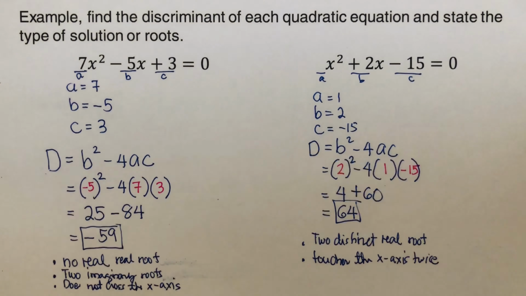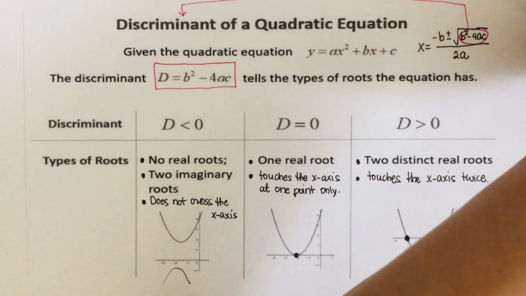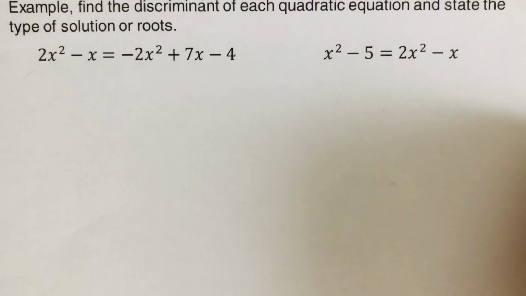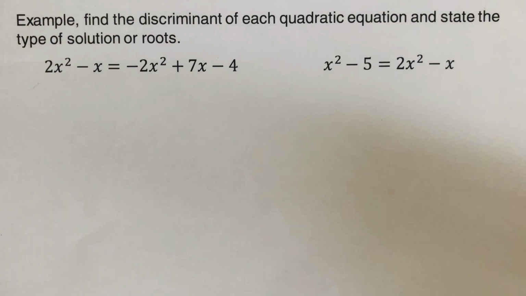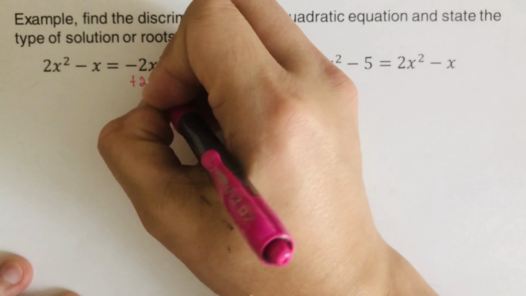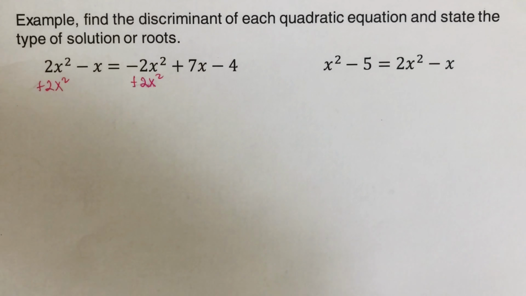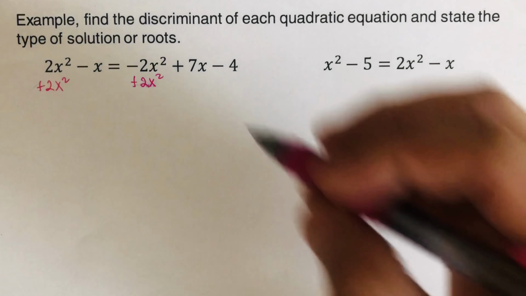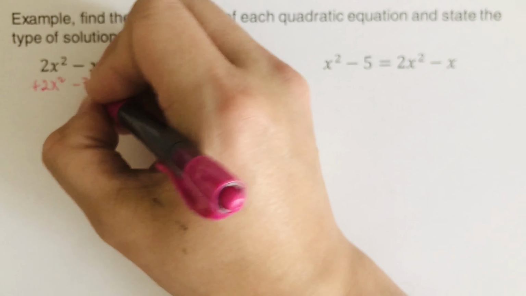Good. Perfect. Now let's have another equation wherein the equation is not in standard form. Let's take this first example right here. What we are going to do is change this to standard form first. So this would be plus 2x squared, plus 2x squared. And then we're combining like terms: minus 7x and minus 7x.